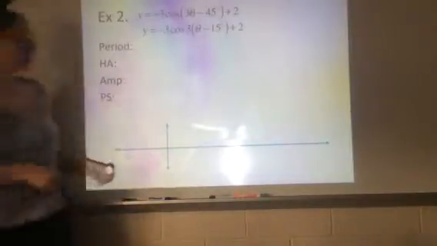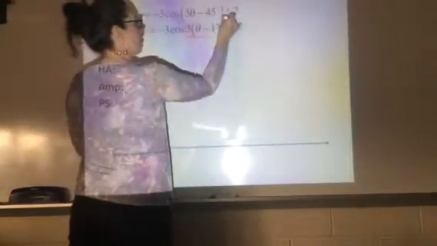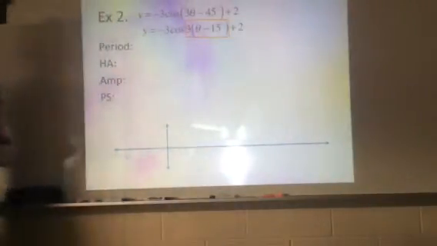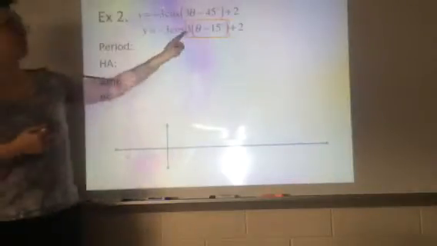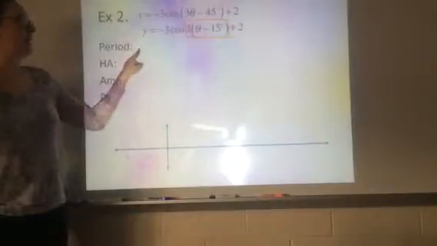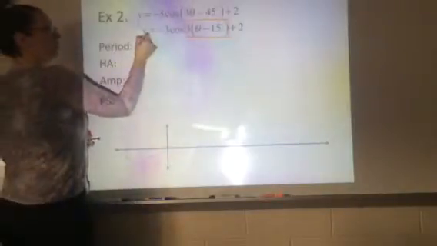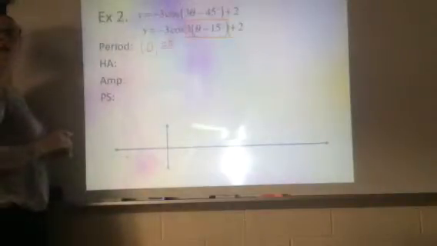Now, just to recap, all of this is still what follows the word cosine, not related to the vertical shift. But when I talk about a coefficient of x or theta, I think that's very clear that now when I determine my period, I can write down 0 to 2 pi divided by 3.